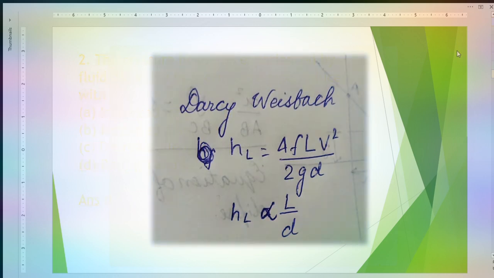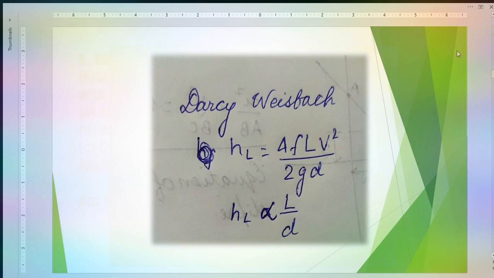According to the Darcy-Weisbach formula, head loss is equal to 4 times the coefficient of friction F, into length of pipe L, into velocity squared V, which is the velocity of the fluid, divided by 2 into gravity G into diameter of pipe D. Thus, head loss is directly proportional to length and inversely proportional to diameter.